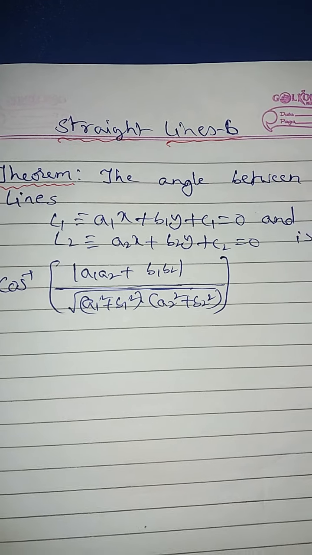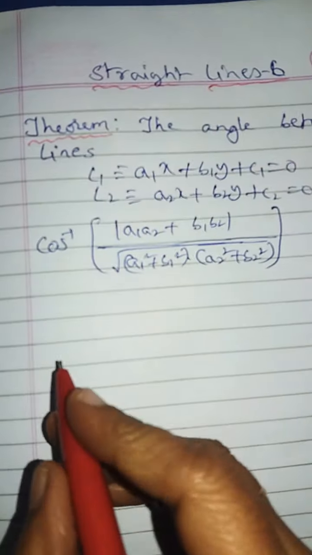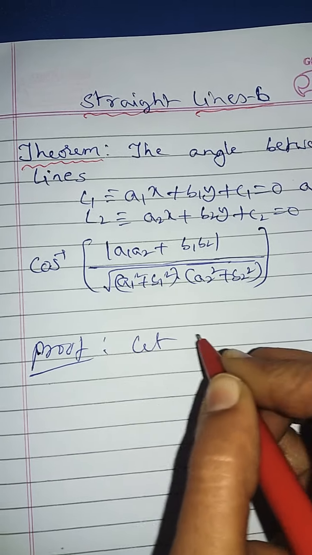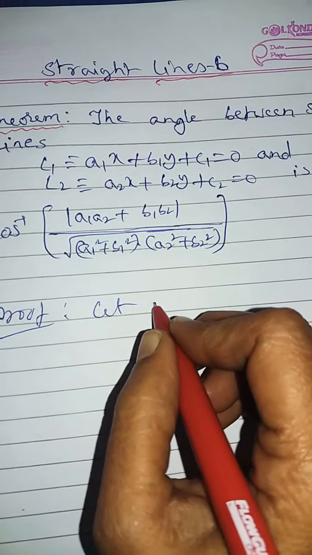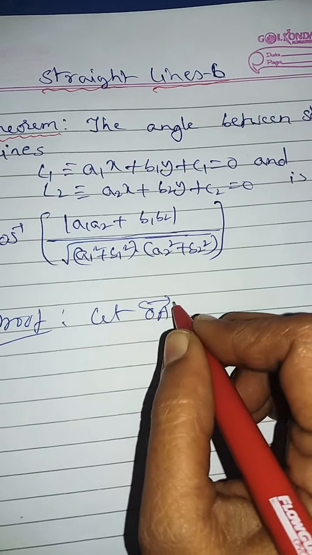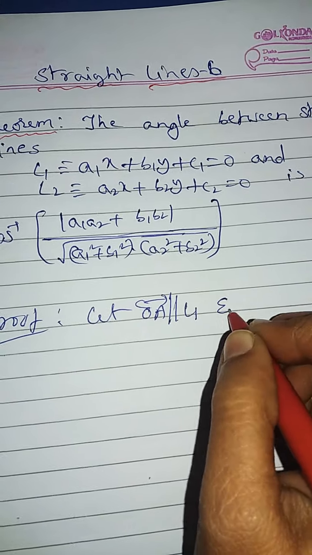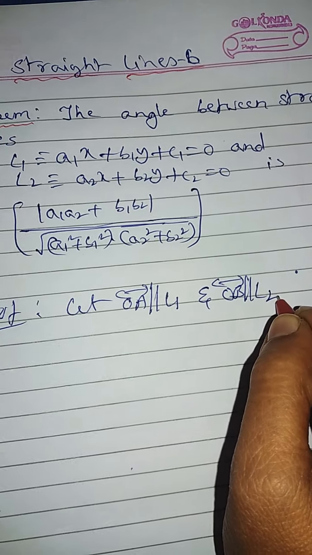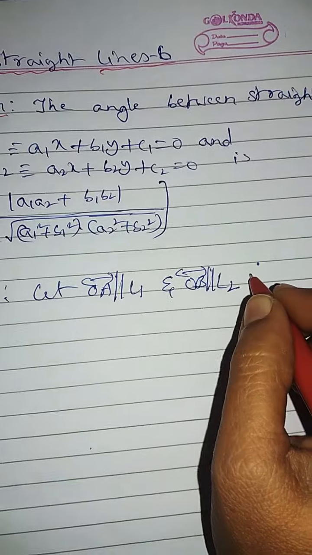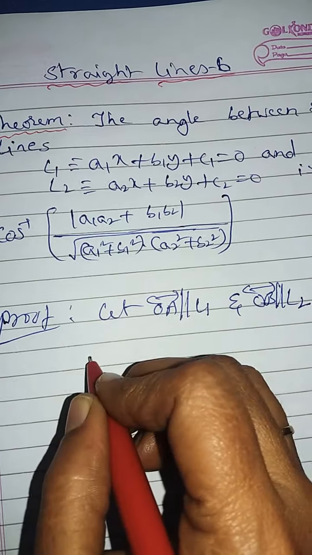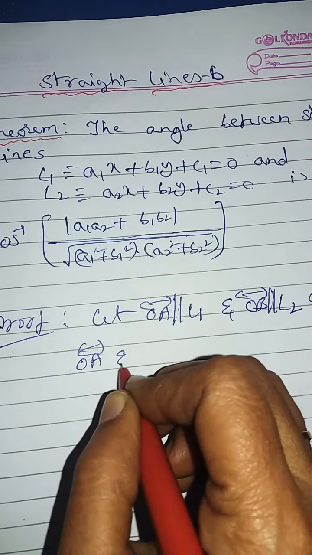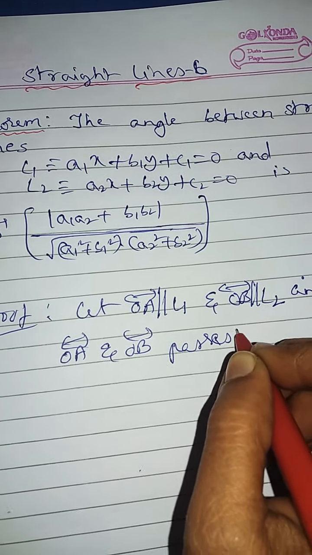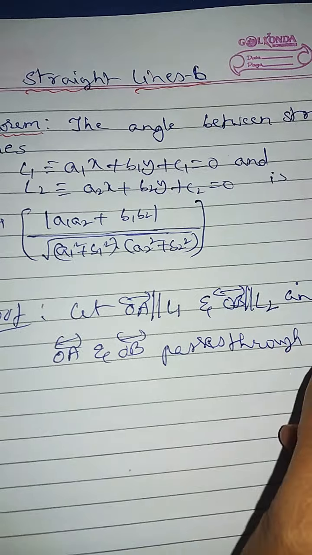So, to prove this theorem, the proof part will be: now I will take two lines, OA line parallel to L1 and OB line parallel to L2, and OA line and OB line pass through the origin.